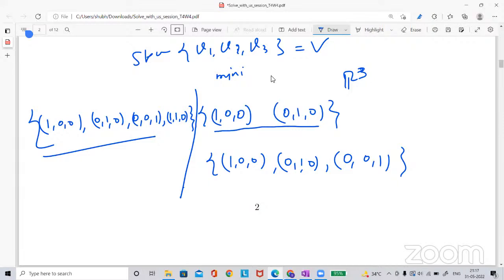If that set is following both conditions, then that set is a basis. Otherwise, it can't be a maximal linearly independent set.